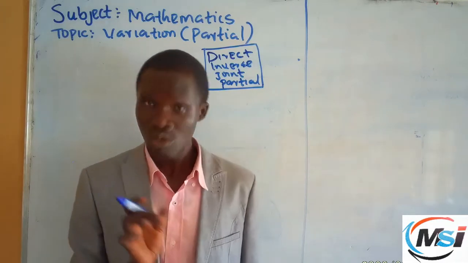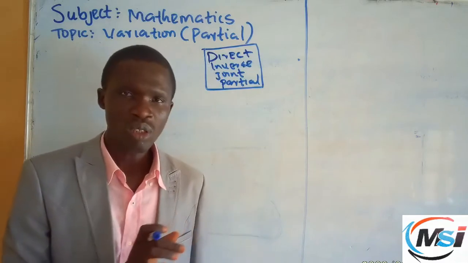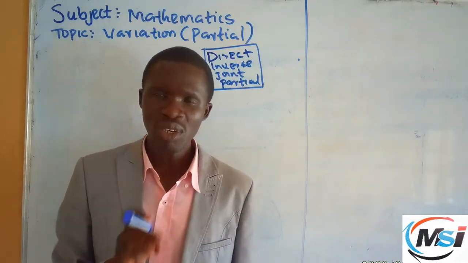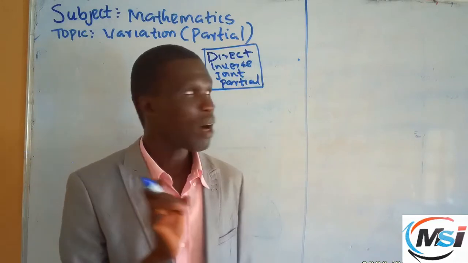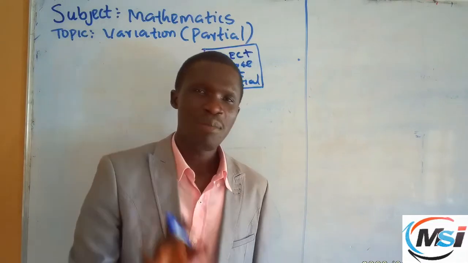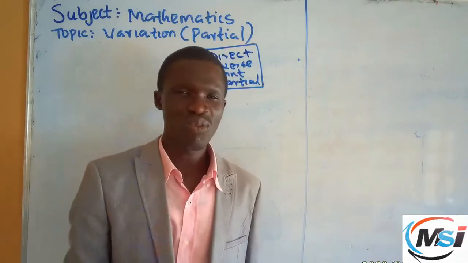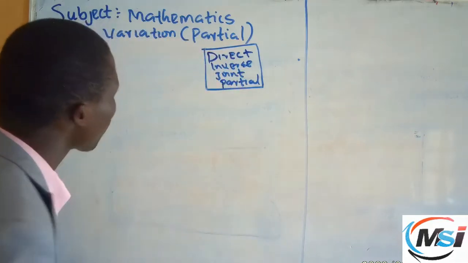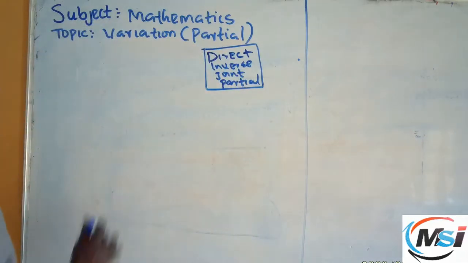So we advise you to go and watch our previous study on direct variation, inverse variation, joint variation, so that by the time we start this topic, you'll be able to flow along with us. I believe you are ready. Okay, so let's see what partial variation is all about.